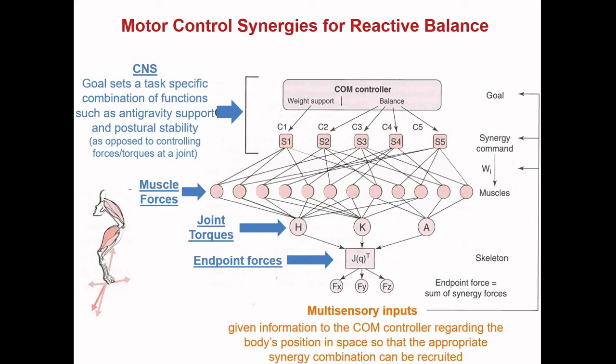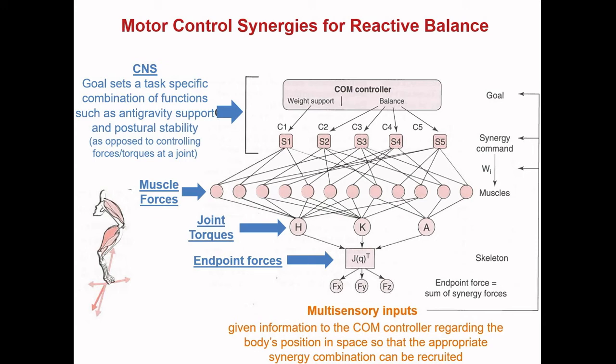Right at the bottom of this diagram, we have multisensory inputs. These refer to information detected by the various perceptual systems about the body's position and movement in space. This information is used to help organize how appropriate synergy combinations can be recruited.